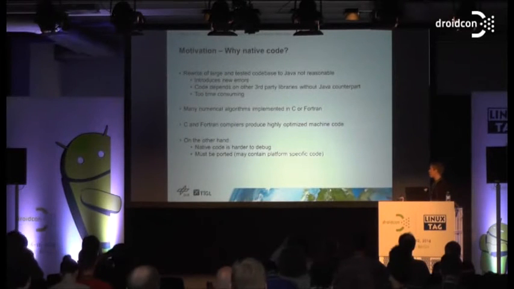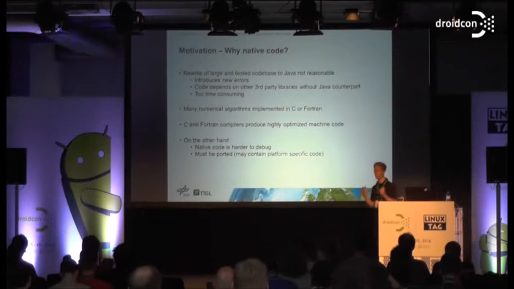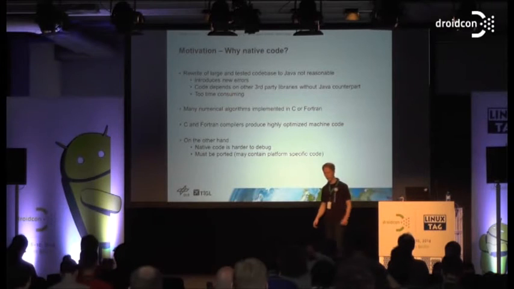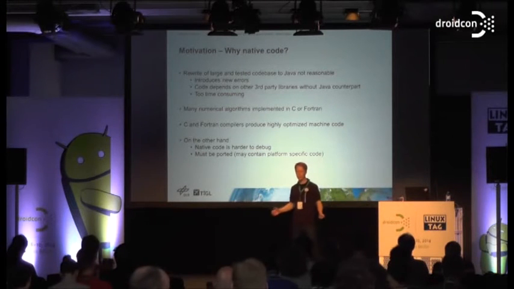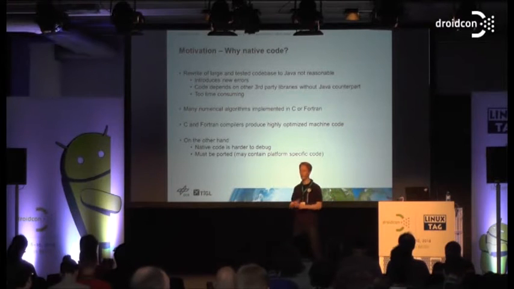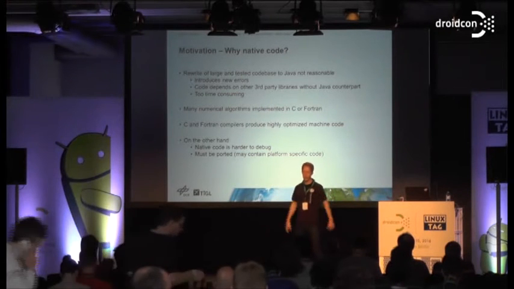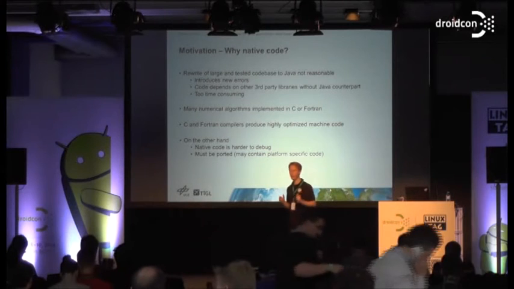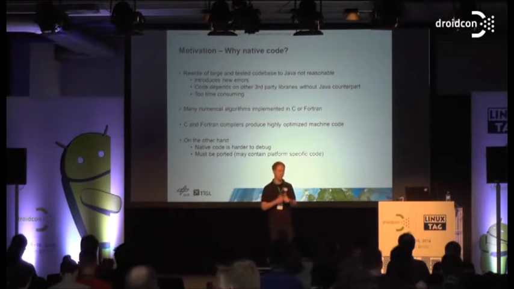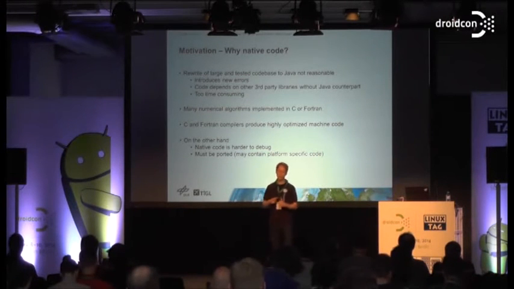So, why do we want to have native code in Android? Probably because you already have a large code base, already tested, and it's just not reasonable to rewrite that in Java, because you're probably introducing new errors.